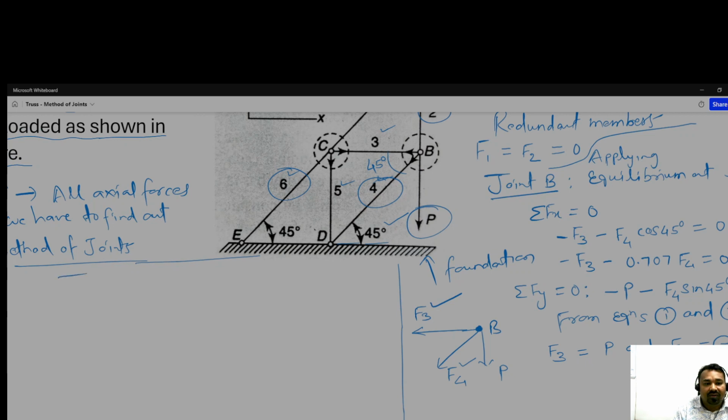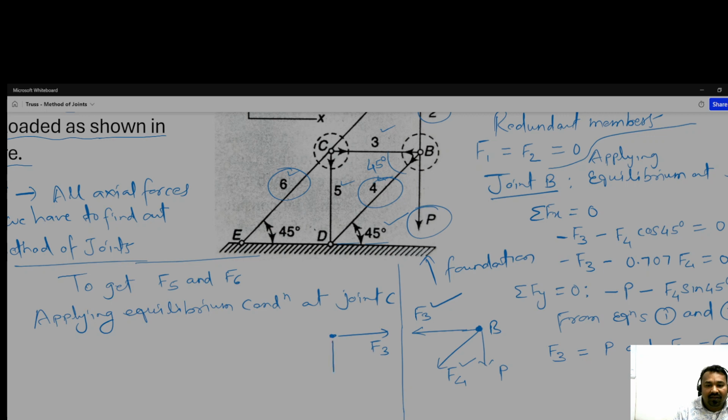Okay, so now we have to get the remaining forces F5 and F6. We have to consider applying the equilibrium condition at joint C. At C there is F3, here it is F5, and here it is F6.